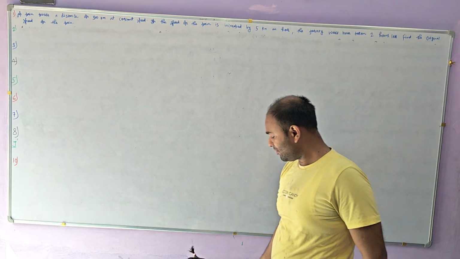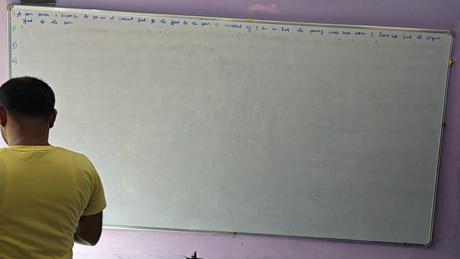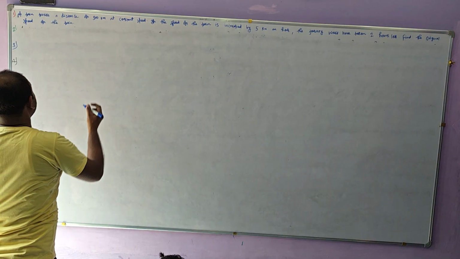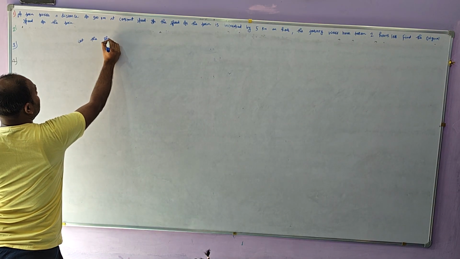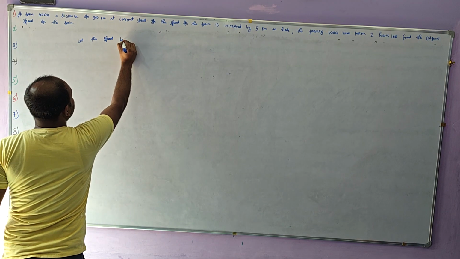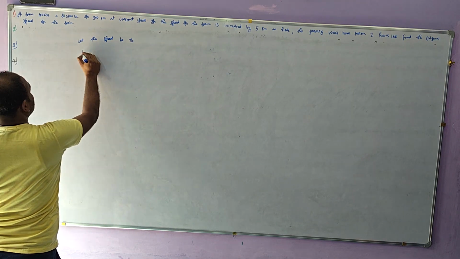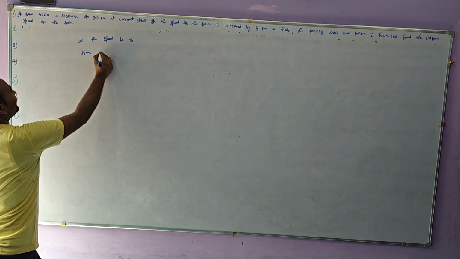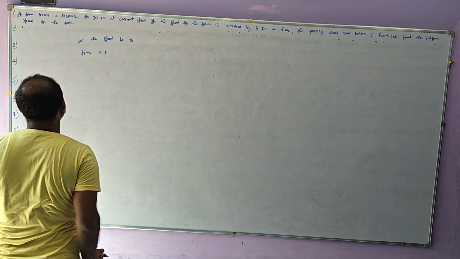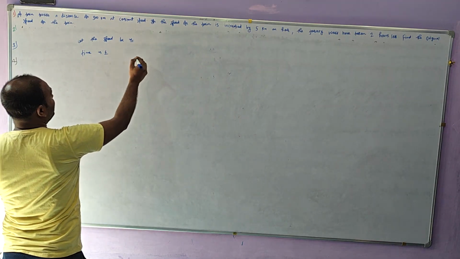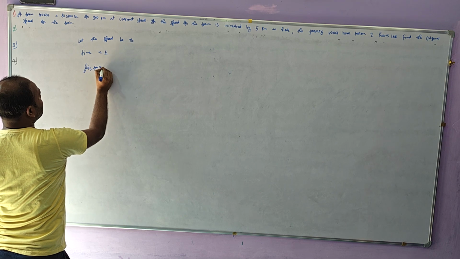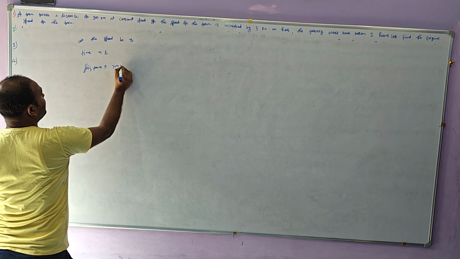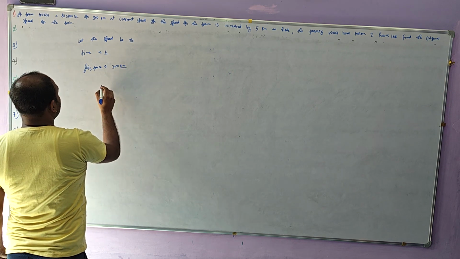So let the speed be x and time is t. And we have a distance of 300 kilometers.